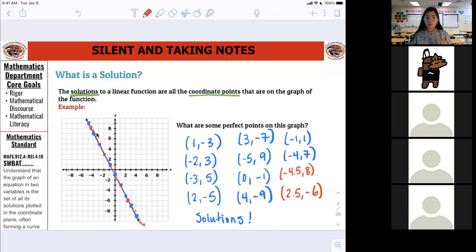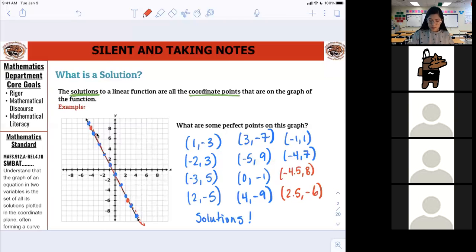And that's what a line really is in reality. Now, that's really meta. We don't have to think about it that far. But the most important thing to remember is that when I ask you what are the solutions to this graph, the solutions are all of the coordinate points, all of the inputs and outputs that make up that line.